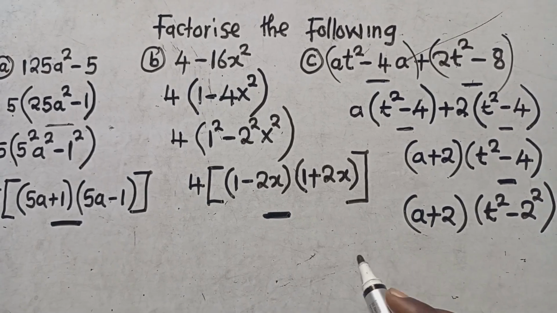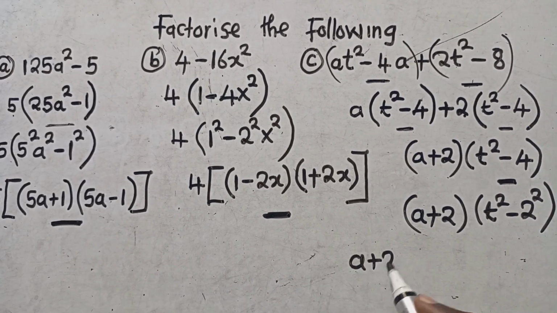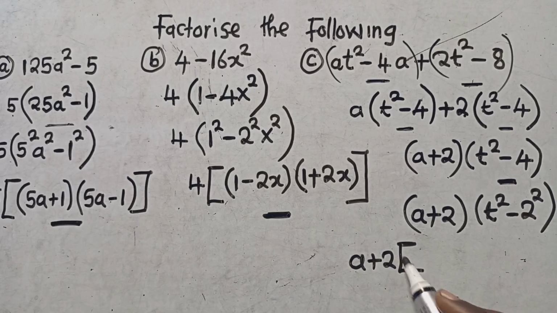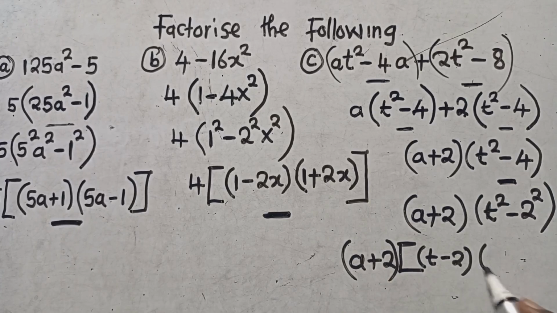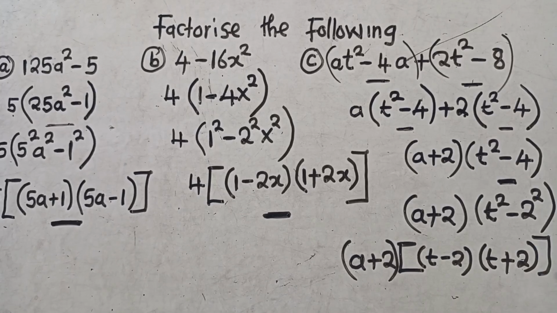So this is the same as a plus 2, put square brackets like this, then t minus 2, t plus 2. This is the answer. You can end here. There is no problem. This is what you need to know and understand.